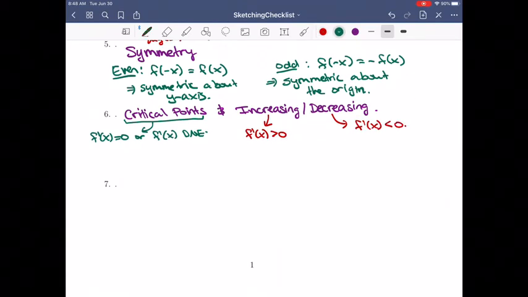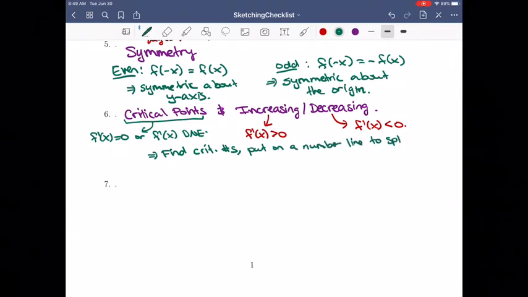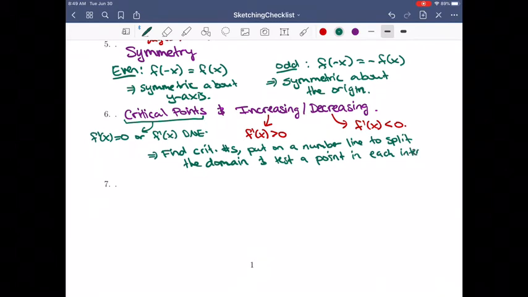So that means that we're going to make our table. So find critical numbers, put them on a number line to split the domain, and test a point in each interval to see if the derivative is positive or if the derivative is negative in that interval.